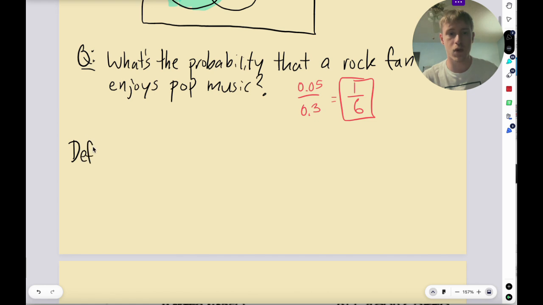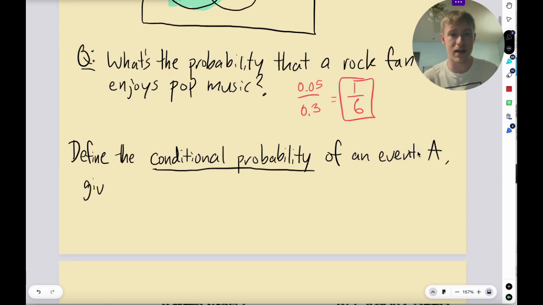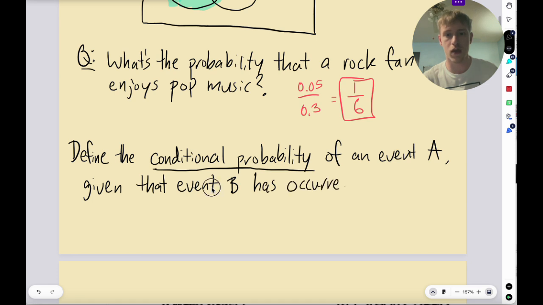So we're going to go ahead and define the conditional probability of an event A given that event B has occurred as follows.